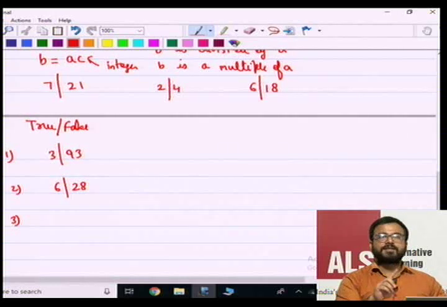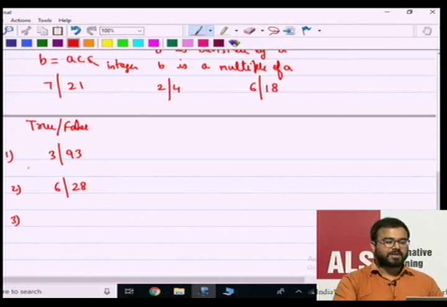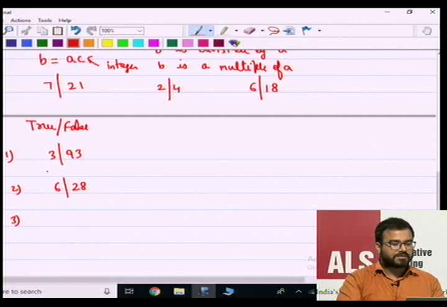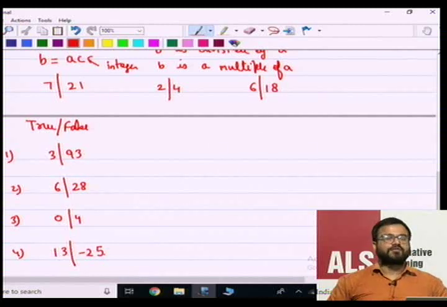The meaning is that 3 divides 93. If the answer comes out to be an integer, like 3 times some integer is 93, then you say it is true. Otherwise, it is false. So check whether these are true or false: 3 divides 93, then 6 divides 28. Check for these 4.